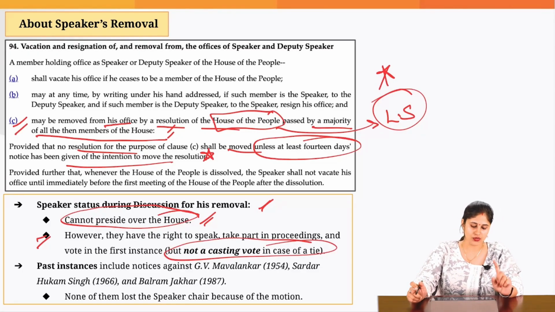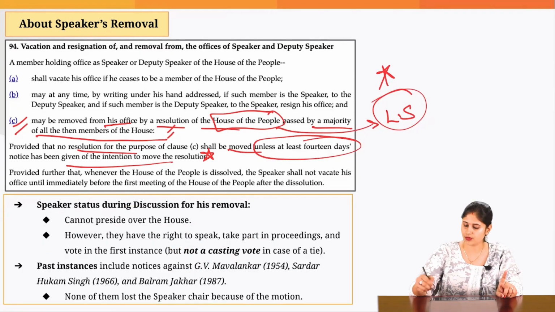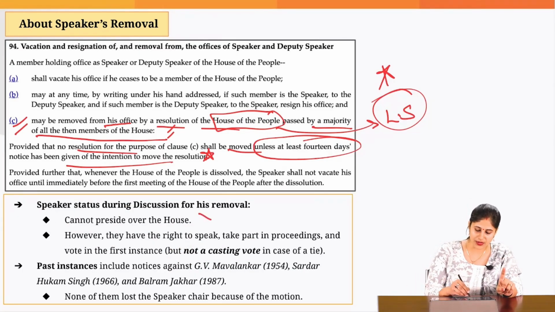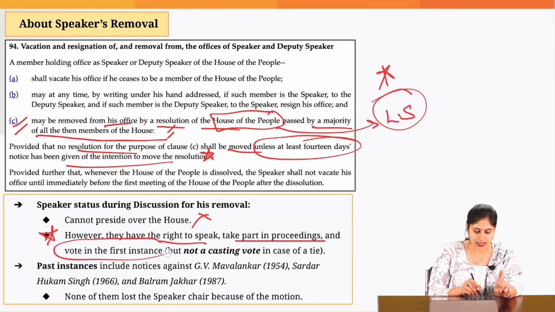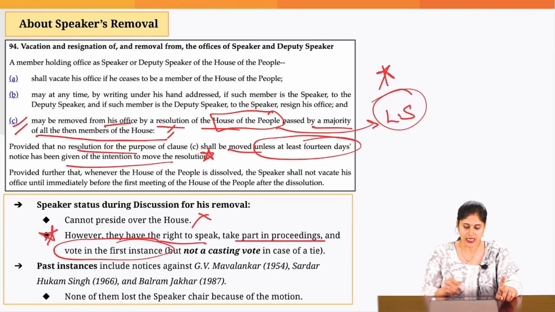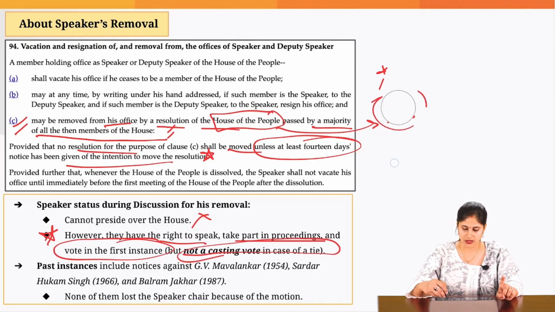Okay. So, you have to keep this thing in mind that when the house is considering the resolution for removal, the speaker cannot preside over the house, and the speaker does get the right to speak, to participate in that proceeding, and they also get the right to vote in the first instance. They do not get a casting vote in case of a tie.